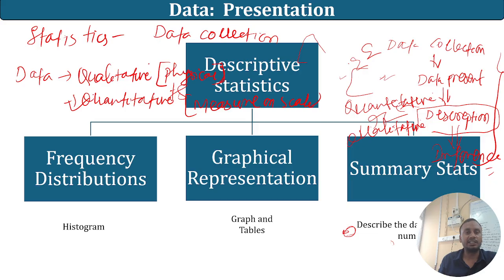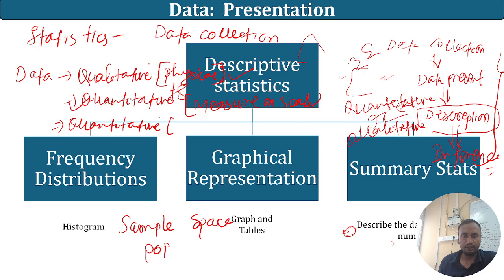So once the data is collected, we know whether it is qualitative or quantitative. For our purpose, quantitative data will be more useful, because based upon that we are going to give the description and, based upon that only, some sort of inference.